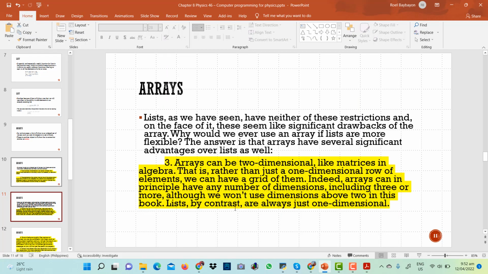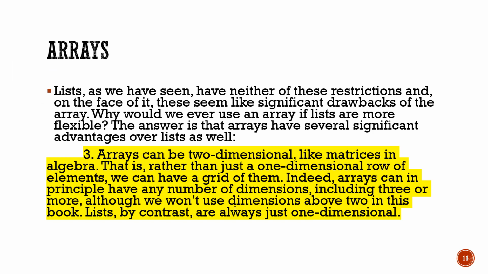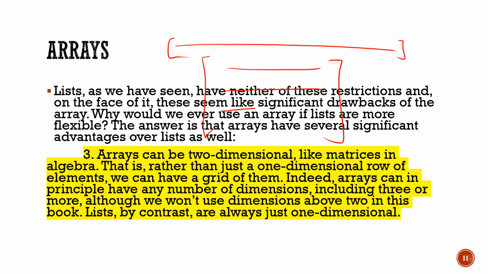Take note, lists are always just one-dimensional. That is the limitation of a list: it is just a single string of values. But arrays can be multi-dimensional.